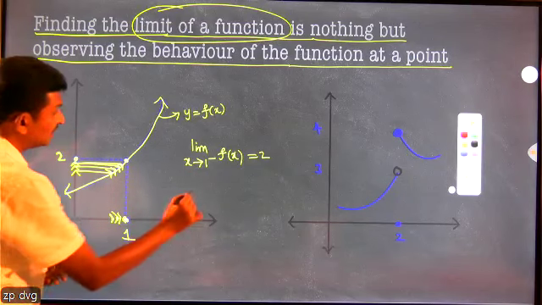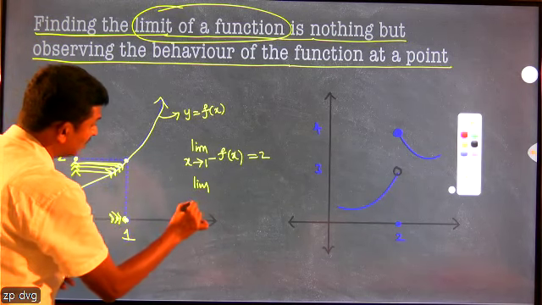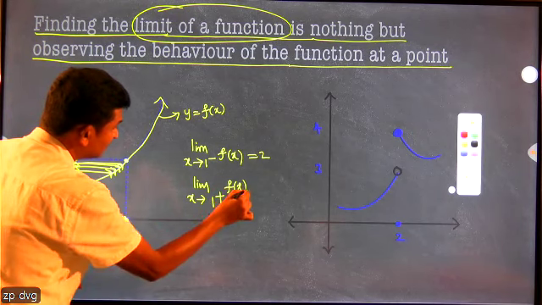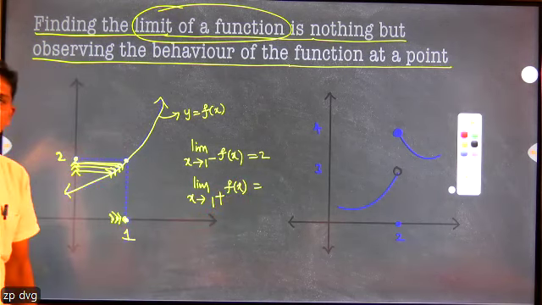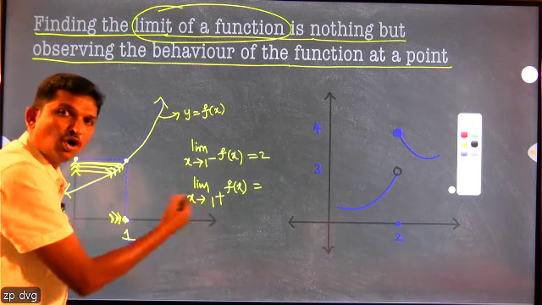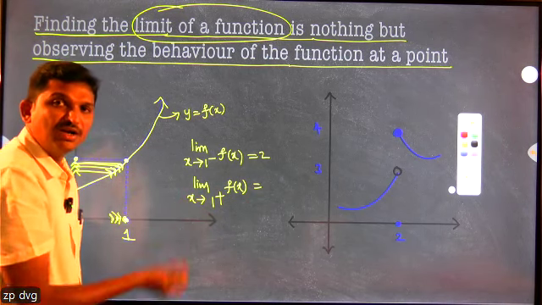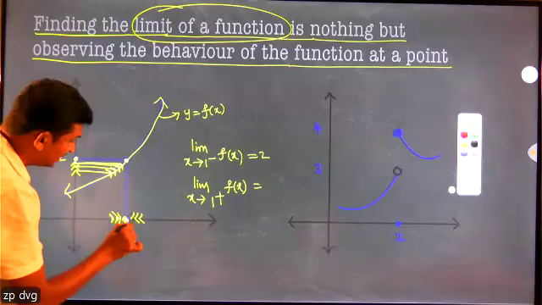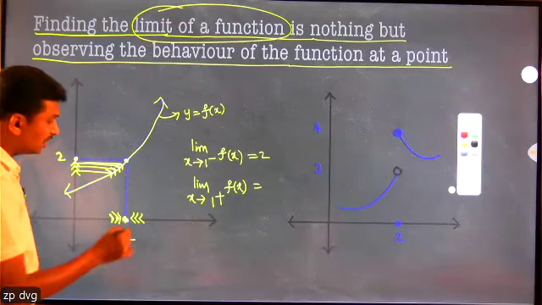And you observe here, this one, x approaches to 1 from right f of x. What does it mean? When x approaches to 1 from right, all x values are greater than 1, very near to 1, but not 1, right? So take these. These are the values which are greater than 1.